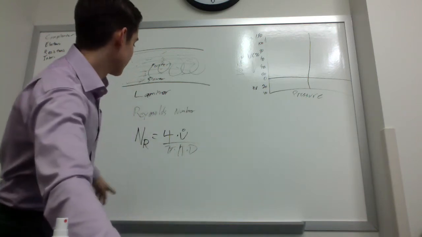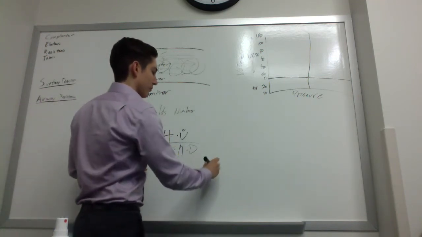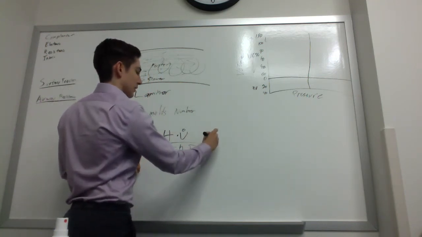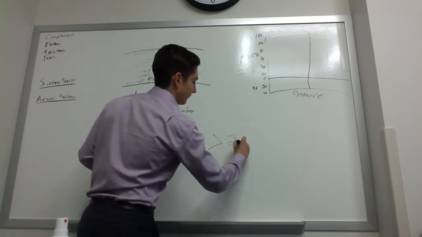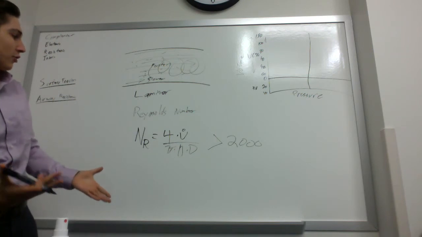If you have a larger diameter, the lower the number is going to be. And what he figured out is if this number is greater than 2,000, it's going to be turbulent flow. That's basically all you've got to know.